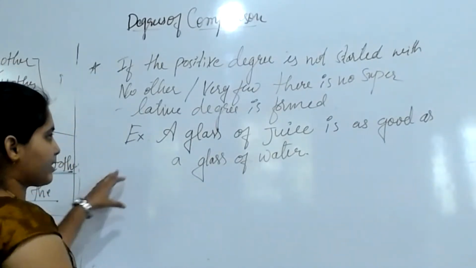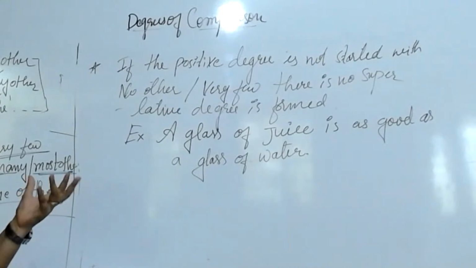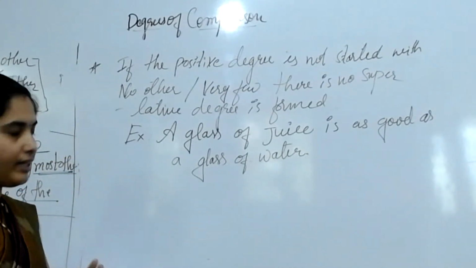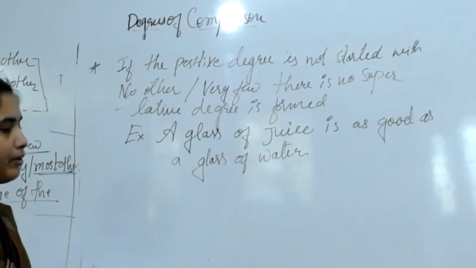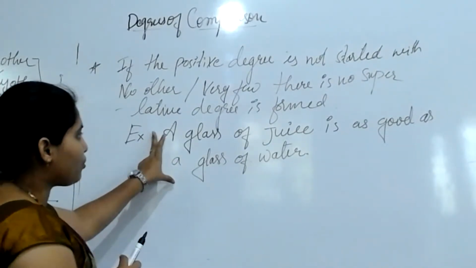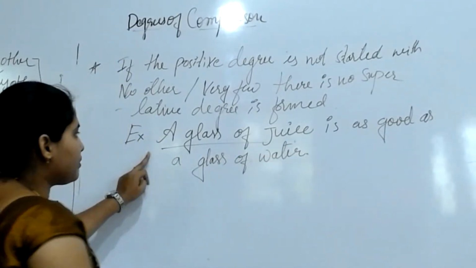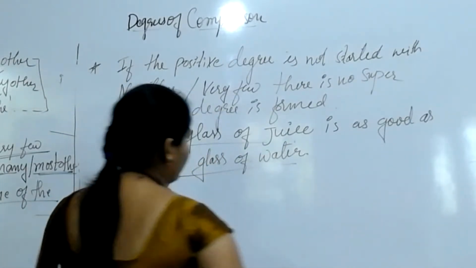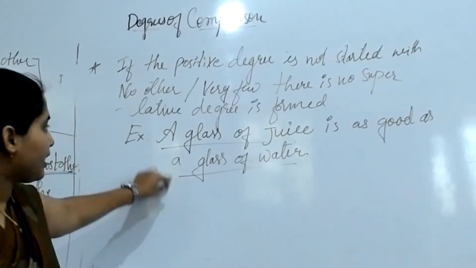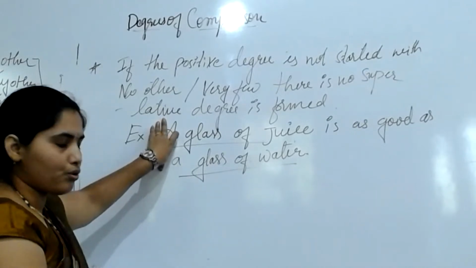So now in these cases, what you have to do here is, if the positive degree is not started with no other or very few, there is no superlative degree, because there are two individuals, a glass of juice is an individual and a glass of water is an individual. In that case, the superlative degree is not formed.